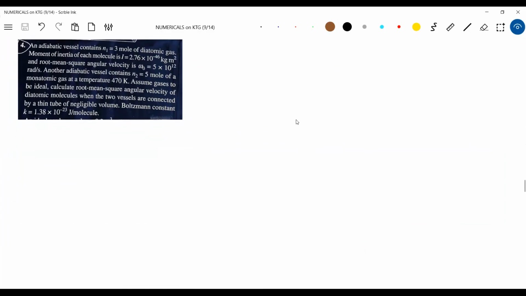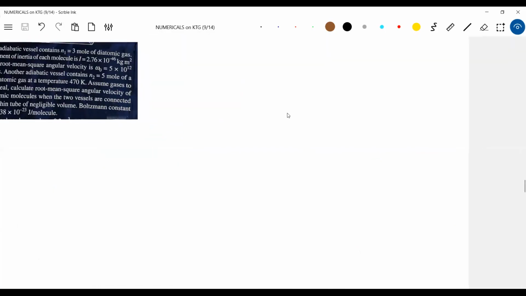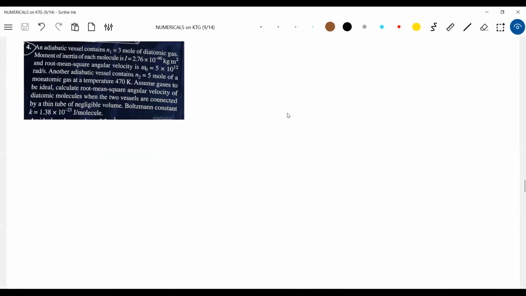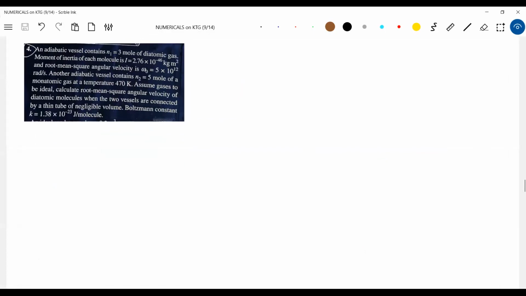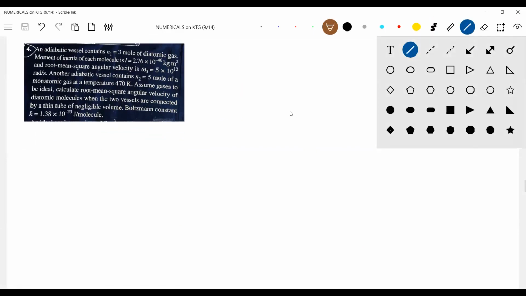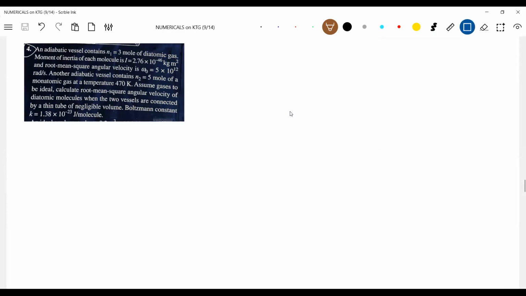Okay, read this question. An adiabatic vessel.